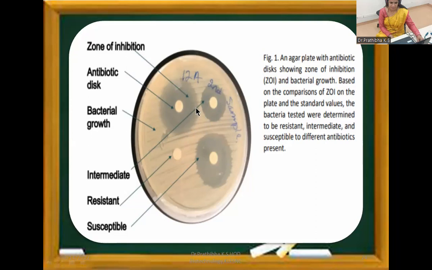So this is the zone of inhibition, this is the antibiotic, and this is the bacterial growth or bacterial lawn, and this is the intermediate between the two zones of inhibition, and this is the resistant. This antibiotic is not able to kill the bacteria, so this bacteria is resistant towards the antibiotic, and this is the susceptible. So this is about the antimicrobial sensitivity test or antibiotic sensitivity test.